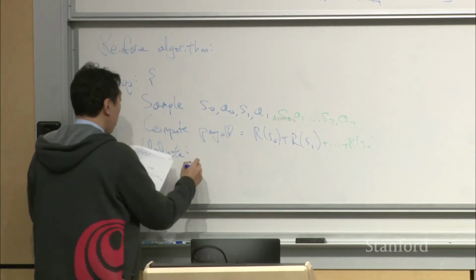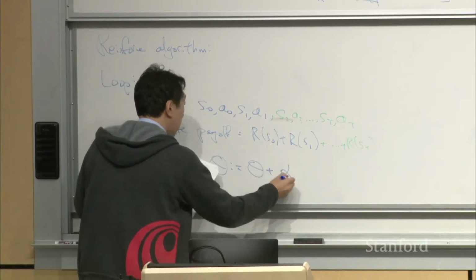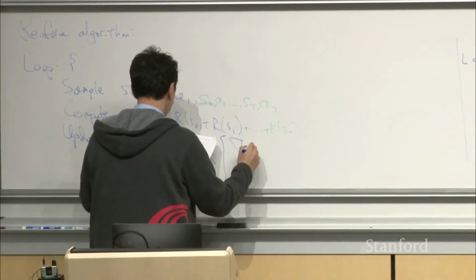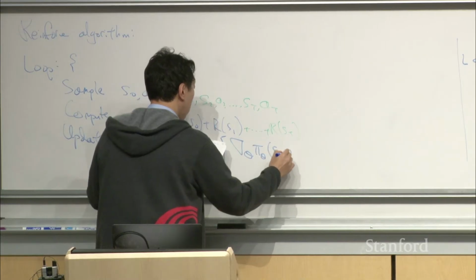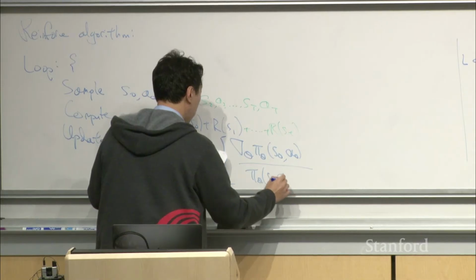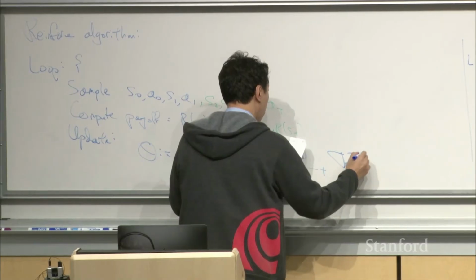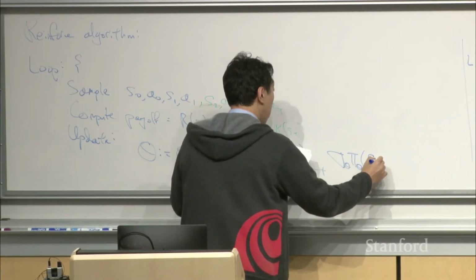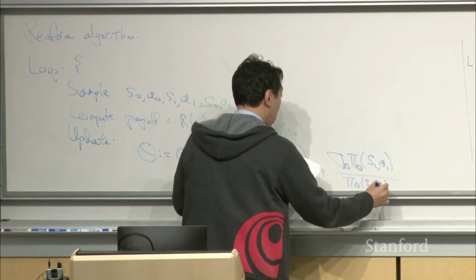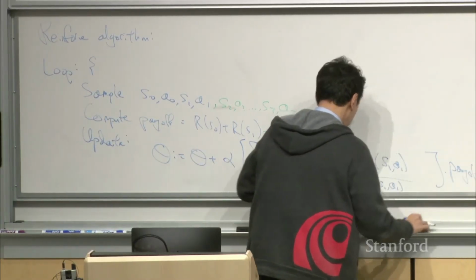And then you perform the following update, which is theta gets updated as theta plus the learning rate alpha times, and then times the payoff, right?